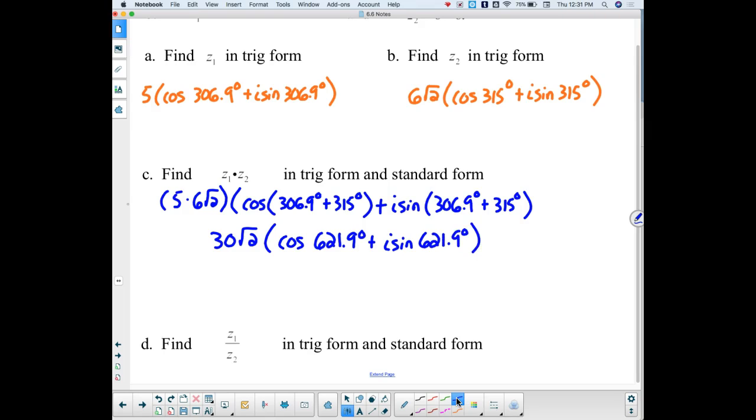But what's the problem with that one? I mean, I like it and all, but it just looks weird. Why does it look weird? So that angle's outside my first lap around the unit circle, right? It's the second lap around the unit circle.